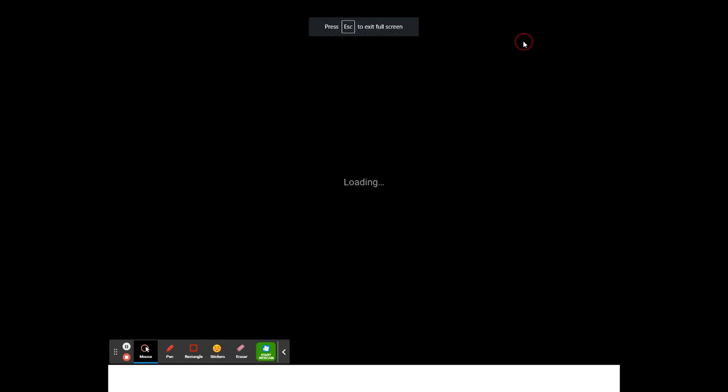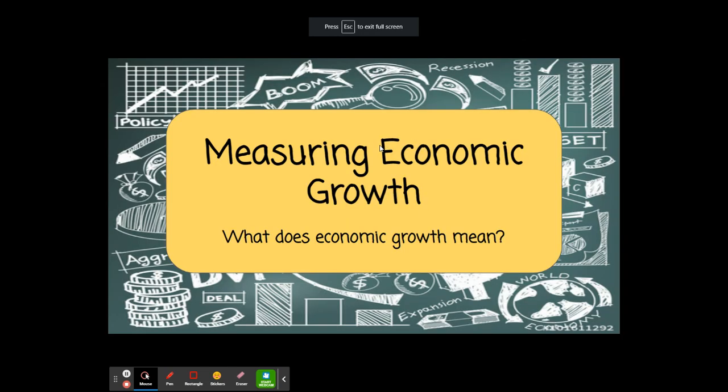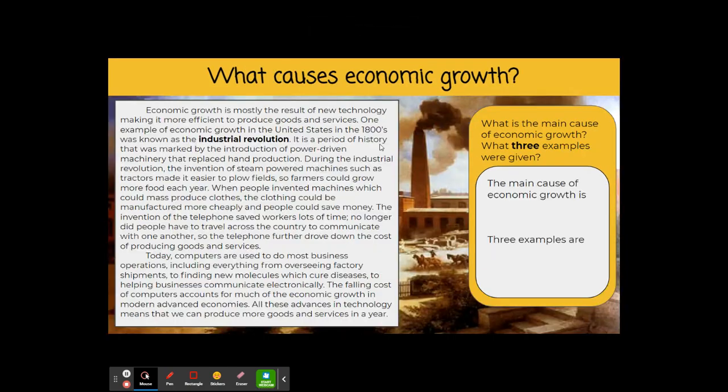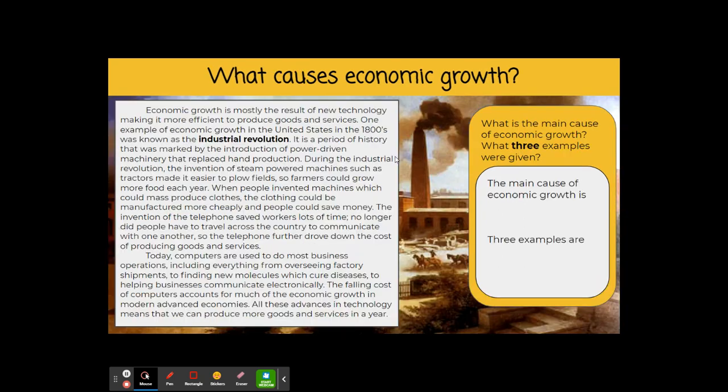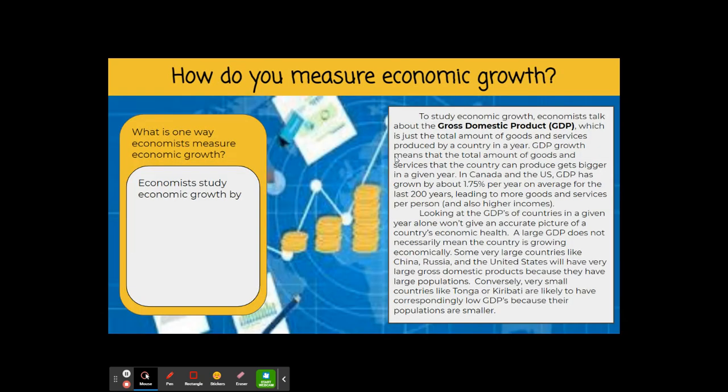Now, yesterday when we left off, you should have gotten at least through here. If not here, then you definitely needed to get through what is economic growth. Today the plan is to continue. Remember, if you are a fan of reading, then this is going to be a lot of fun for you.